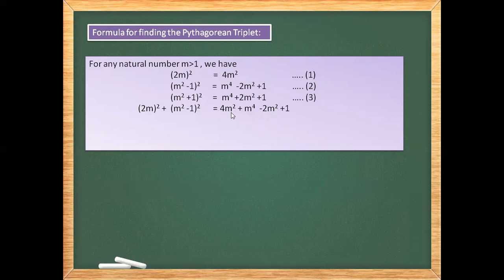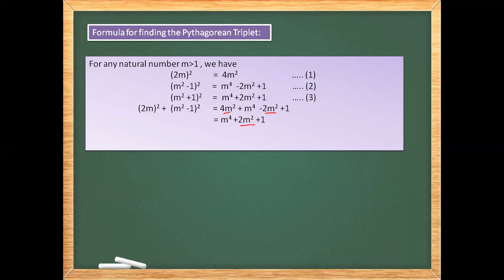Here 4m square and minus 2m square are similar terms, so 4 minus 2 is 2m square. So I get m raised to 4 plus 2m square plus 1.